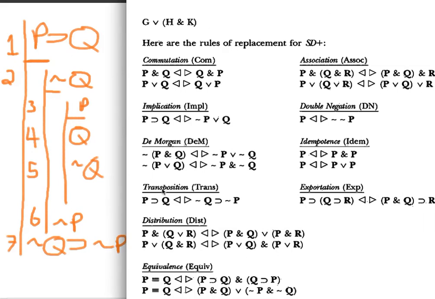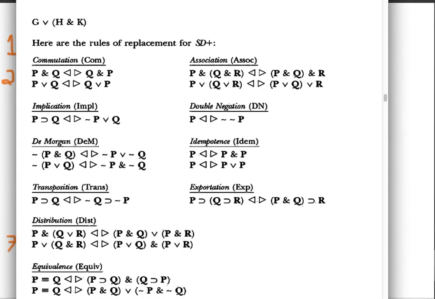Okay, so that is transposition, and we can also prove the other direction, and I encourage you to do that. We've also seen exportation already as one of the homework questions. I can't remember which order, but I definitely know there was one question where you got to assume one and you had to show that you could derive the other.